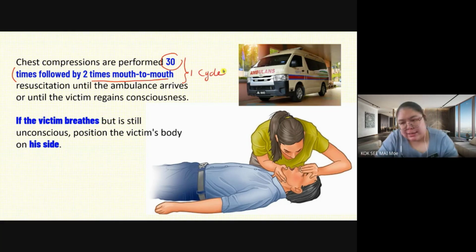Then you repeat until 5 cycles, waiting until the ambulance arrives or until the victim regains consciousness. Maybe the ambulance has not yet arrived, but the victim already wakes up.